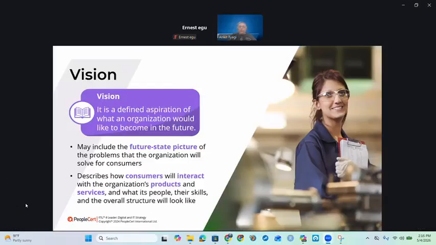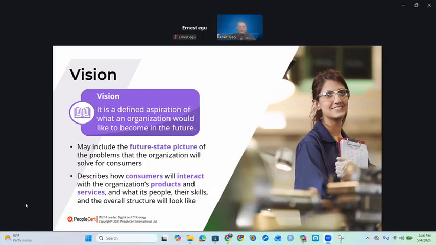So, for vision, a standard definition: it is a defined aspiration of what an organization would like to become in future, right? So where do we see ourselves, or in future, where do we see the organization, at what point or what position, which is my future state picture.